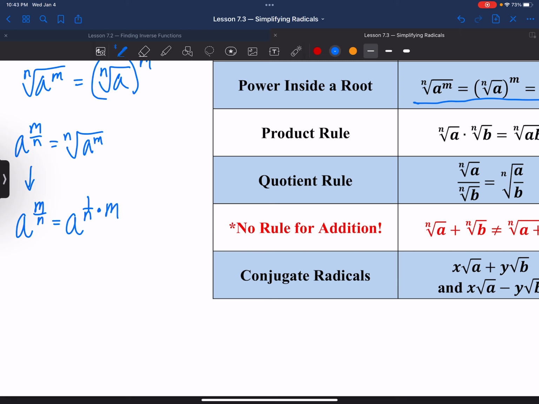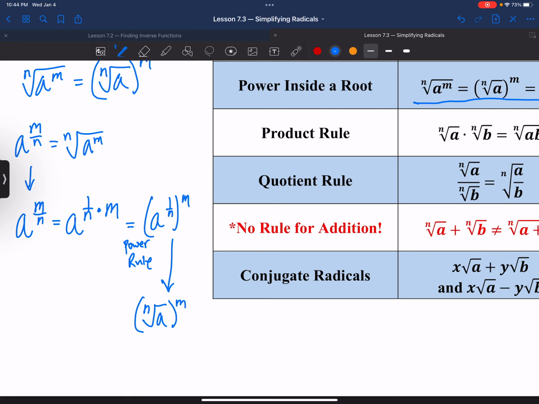Now, because they're being multiplied, if you invoke the power rule, I can rewrite that as a to the 1 over n to the m. And because of that, a to the 1 over n, that's the nth root of a. And then that's being raised to the power of m.